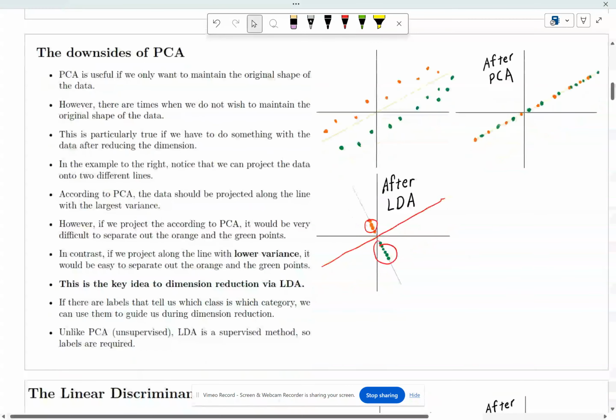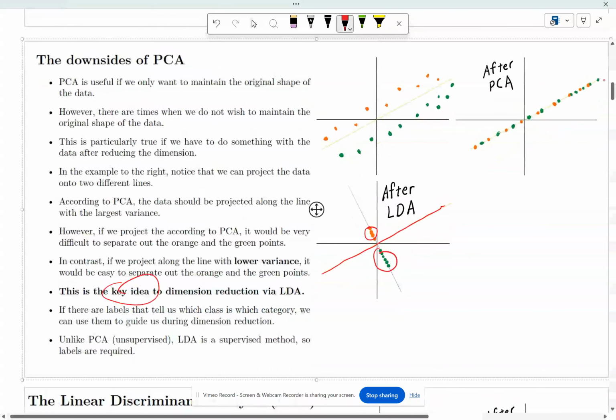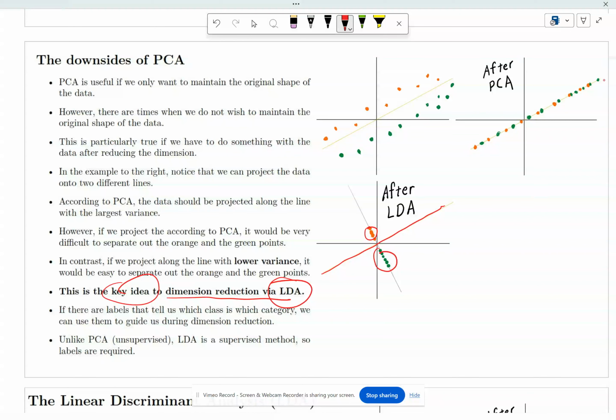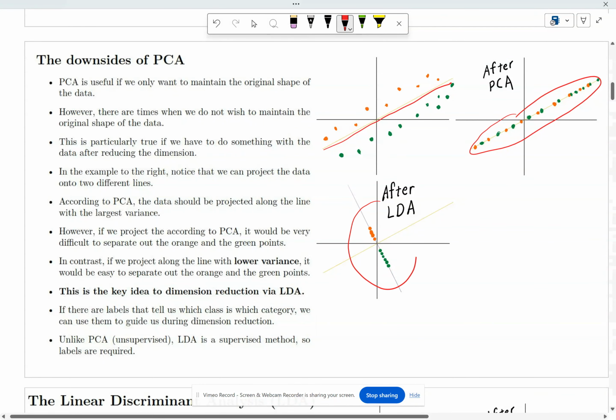So this is essentially the key idea to dimension reduction via LDA. You don't want to project such that you preserve the original shape anymore. You want to project it such that it makes it easy for you to separate the data. And when you can make data separated, that's how you can tell things apart and perform classification.